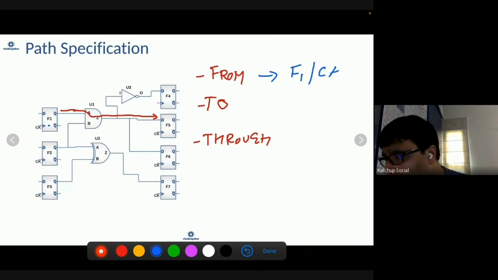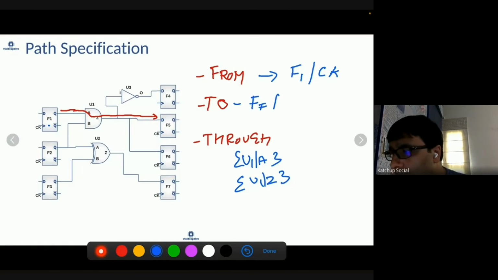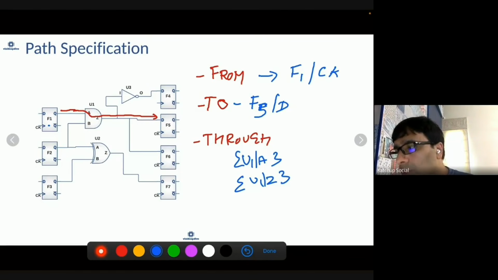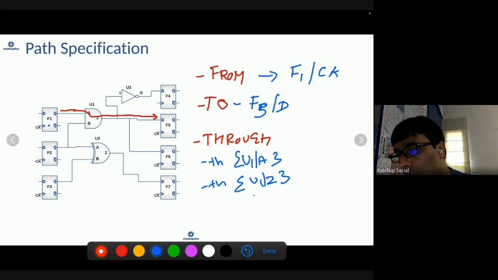It goes through U1A and then U1Z, and then it goes to F5D. So using these options, hyphen from F1CK, hyphen through U1A, hyphen through U1Z, hyphen to F5D, you have specified the path here, marked by this red.